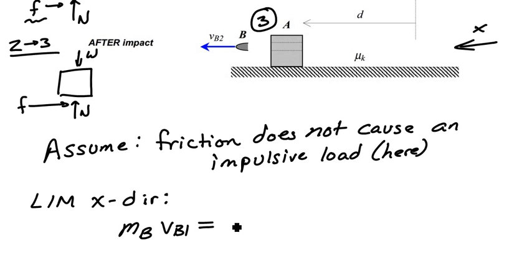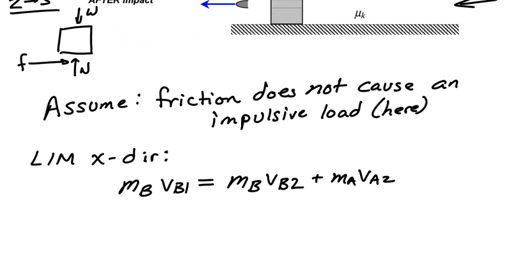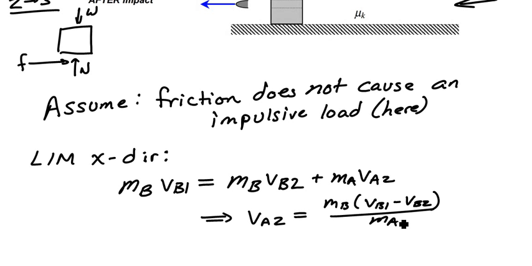Post-impact, I have the bullet flying freely with mb and vb2, and then the mass of the block post-impact with a speed I'll call va2. Va2 is my only unknown, so I can solve for it: va2 equals mb times vb1 minus vb2, divided by the mass of block A.